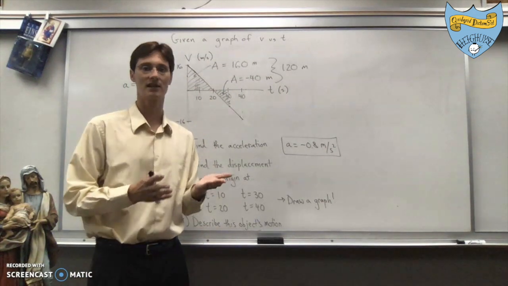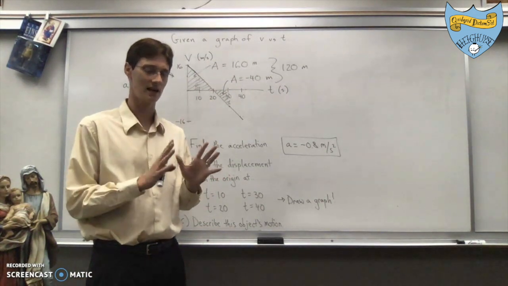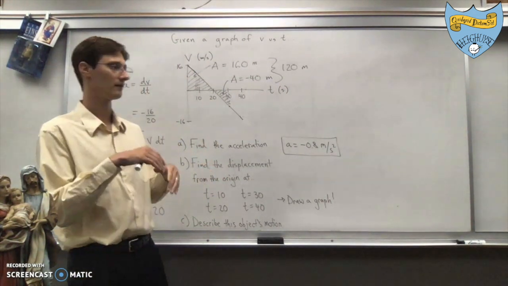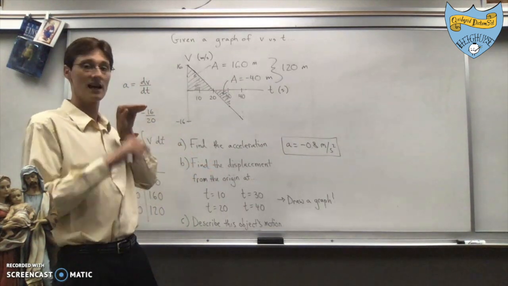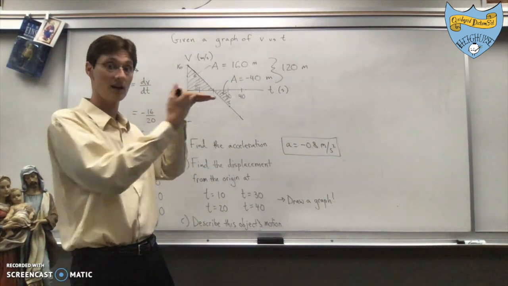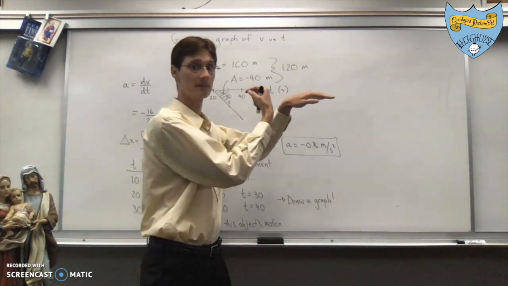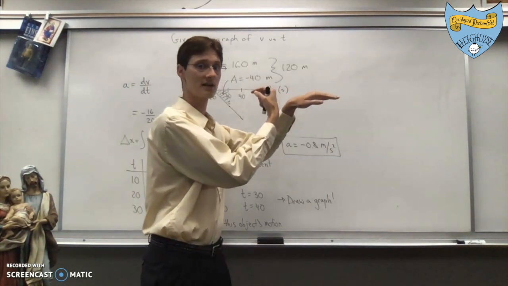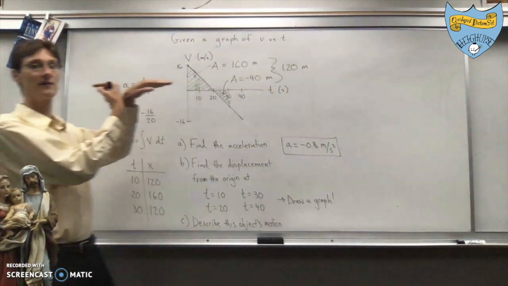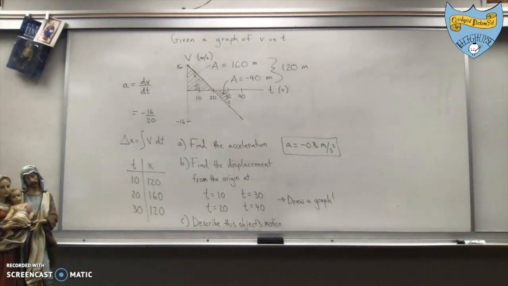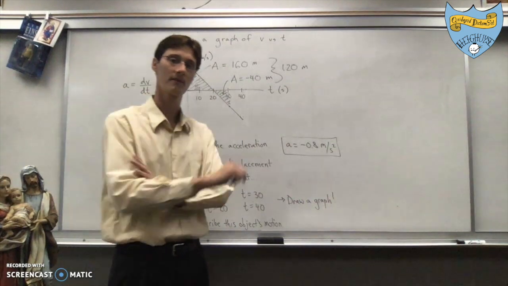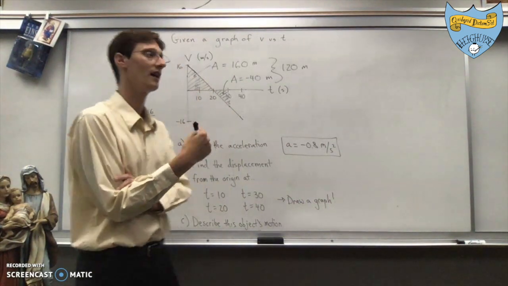It has a negative acceleration for the entire time that it's in motion. So initially it's moving in the positive direction with a negative acceleration, therefore more and more slowly, stops at 20 seconds, and then begins to move in the negative direction faster and faster.